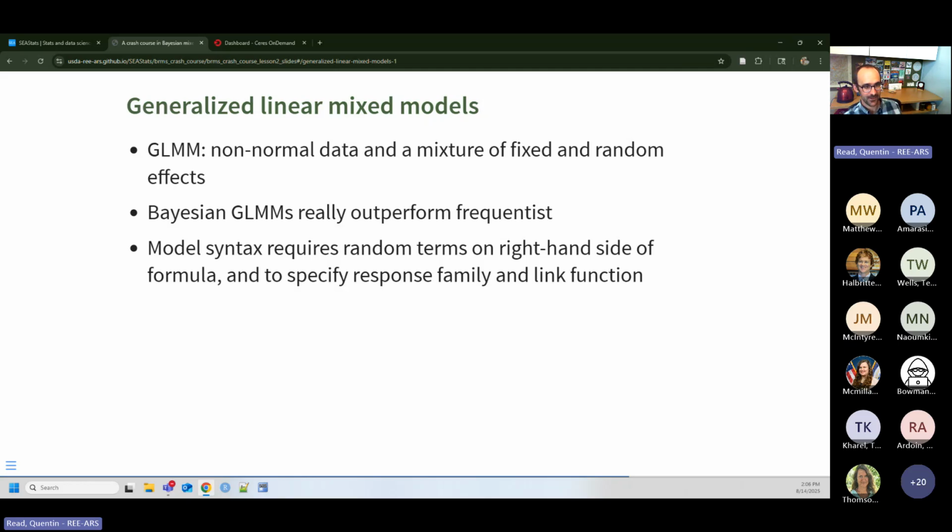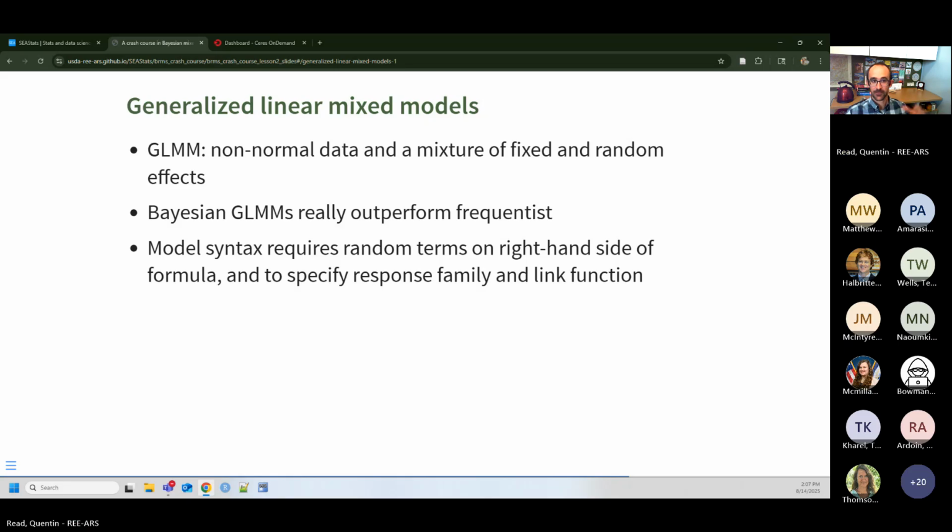And I have found in practice that when you get to these complex models that have both random effects and non-normal errors, the Bayesian approach really outperforms frequentist classical statistical approaches, and you can get much better performance, more likely to converge and get the answer that you want with a Bayesian model. So this is where these things really start to be the most useful, I think.